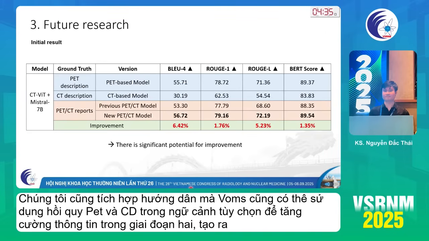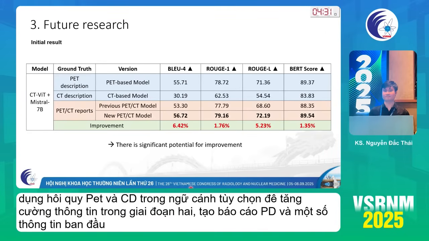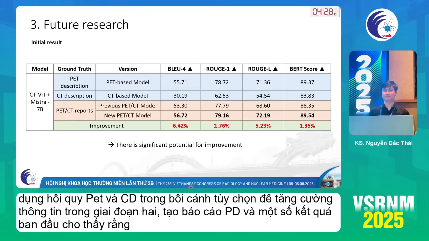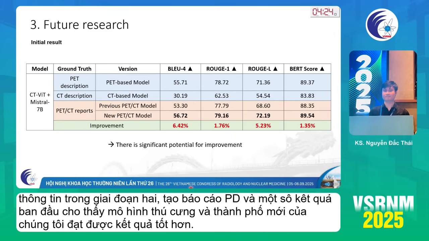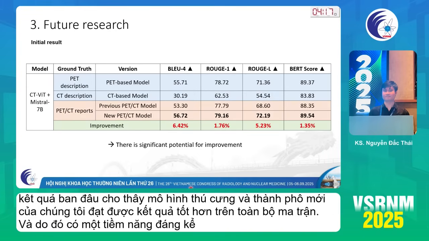And some initial results show that our new PET and CT model achieved better results across four metrics. So there is significant potential for improvement.